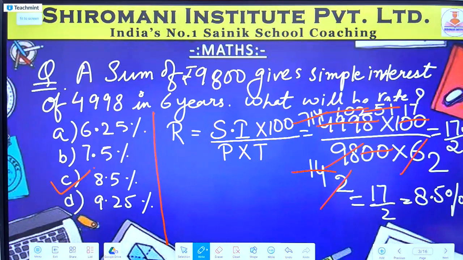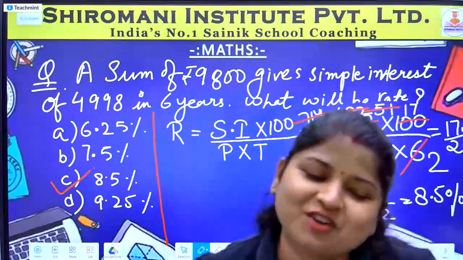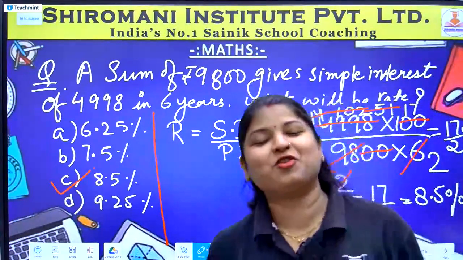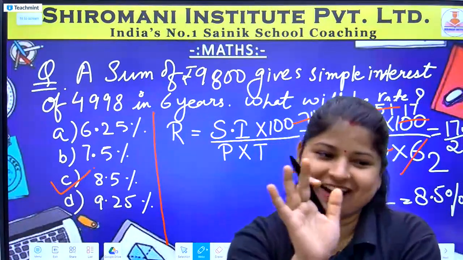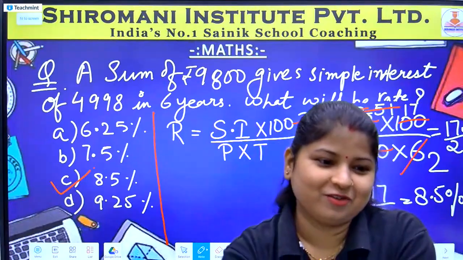Ma'am, can you give an easy question next time? No, ma'am, easier than this, a question. Acha. Why don't you ask your examiner to set a very easy question paper so that when Ajish solves it, Ajish is direct into the Sainik school.